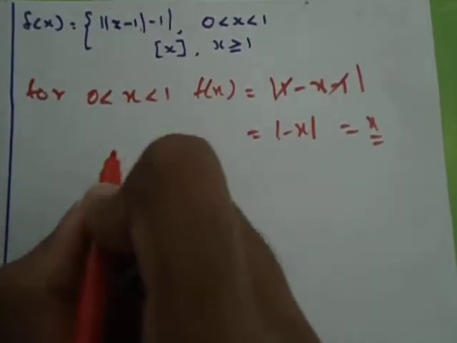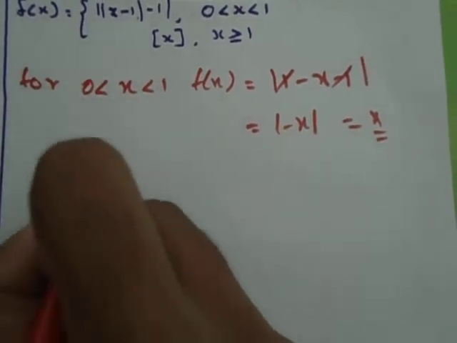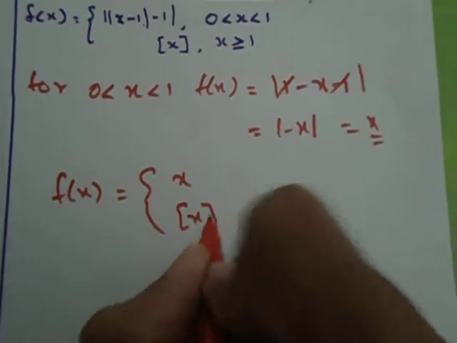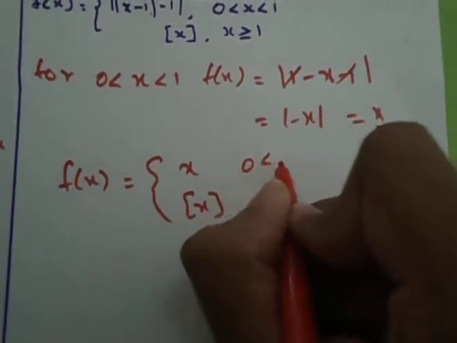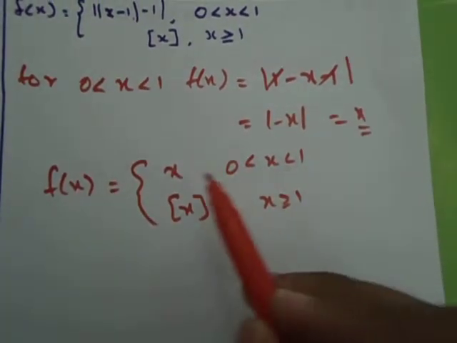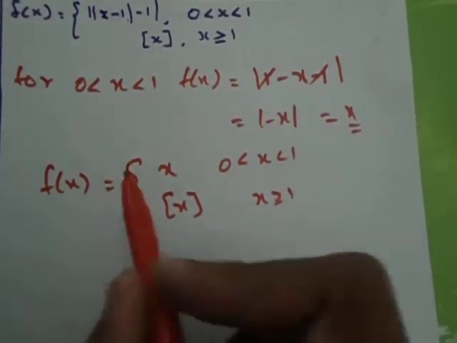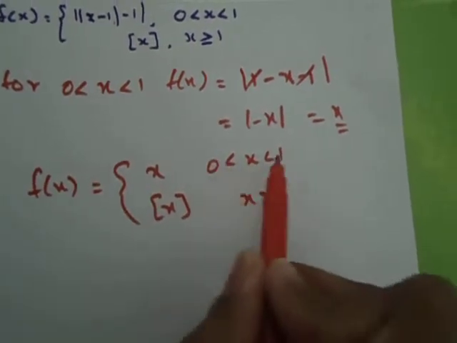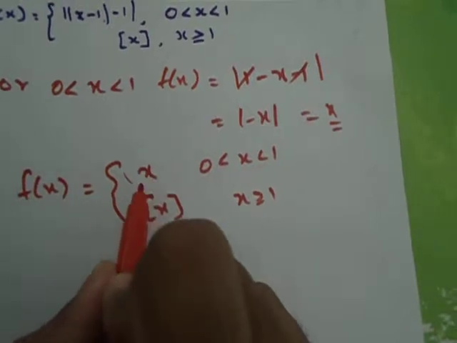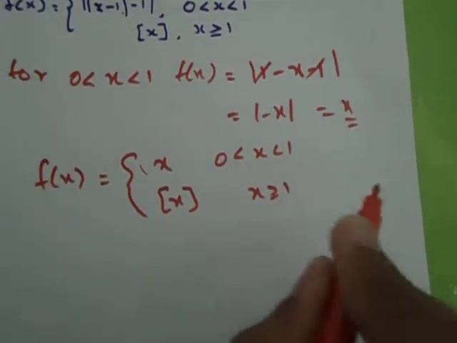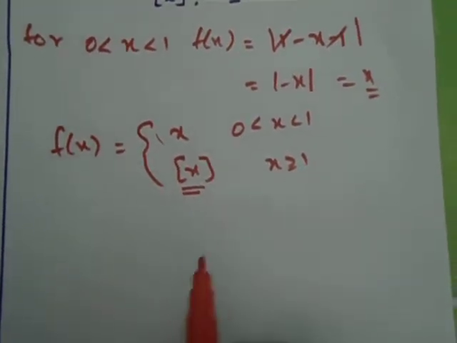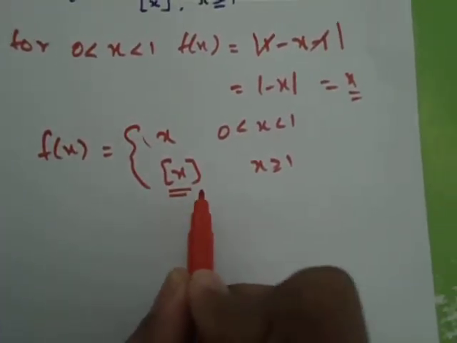So now we have the function f of x is equal to x for 0 less than x less than 1, and greatest integer function of x for x greater than equal to 1. So here we have to check the continuity of this function. We see that for 0 less than x less than 1, the function is x, and we know that x is continuous everywhere. But greatest integer function is not continuous at all integers.